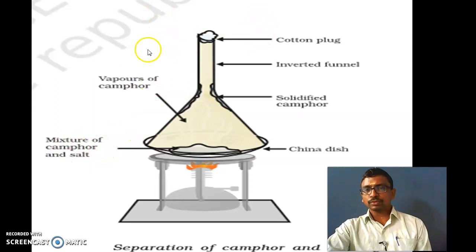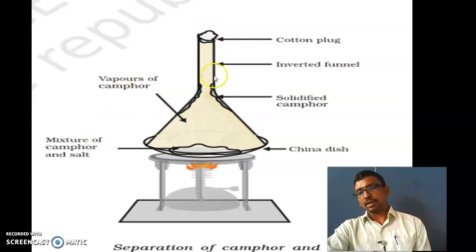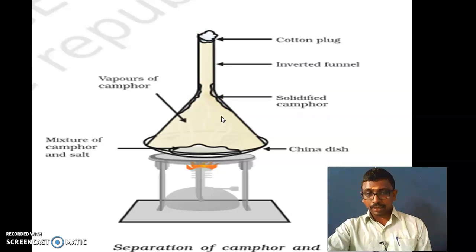To prevent the camphor from escaping, we put the cotton plug at the top. When we heat, the camphor settles at the edges of the funnel. With this process we can separate the mixture of camphor and salt.